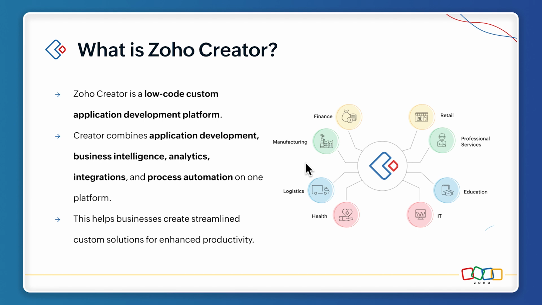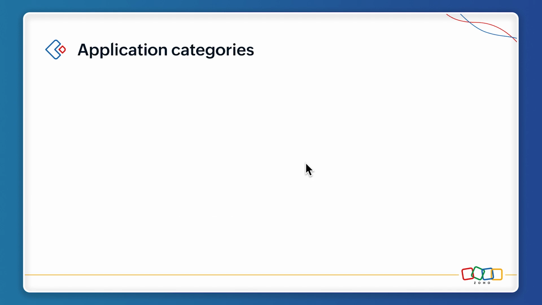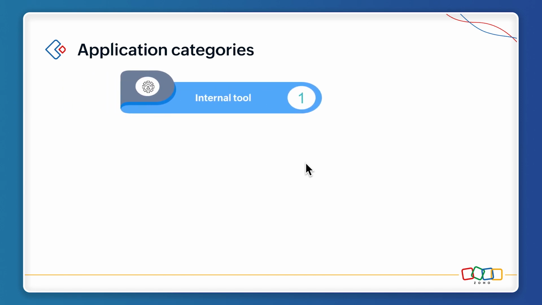Every time we build an application in Zoho Creator, it falls under one of the application categories that I'm going to discuss now. The first category is internal tool. If I'm trying to build an application for internal purposes, such as a task manager or a project management application which will be used within a team or within an organization, then those applications come under the category internal tool.